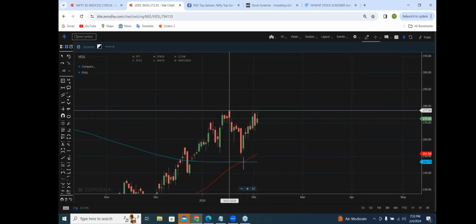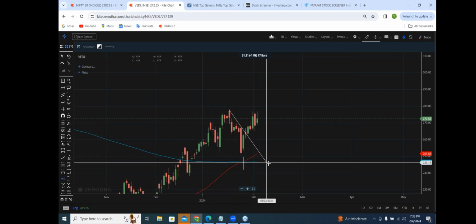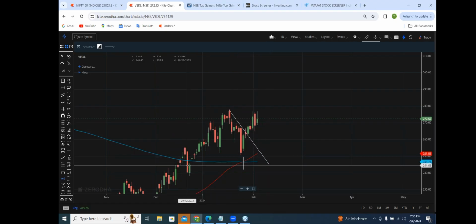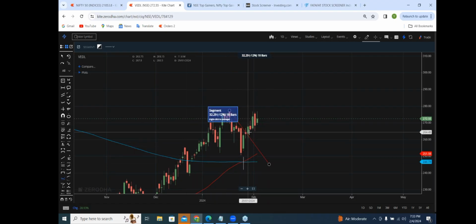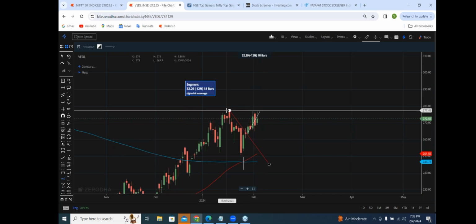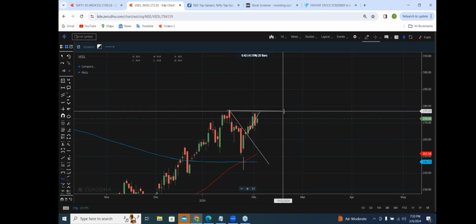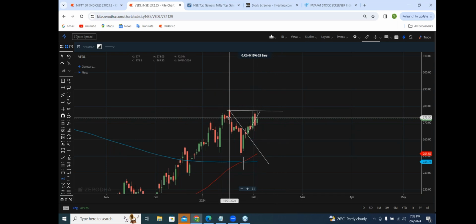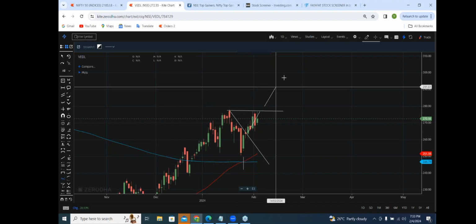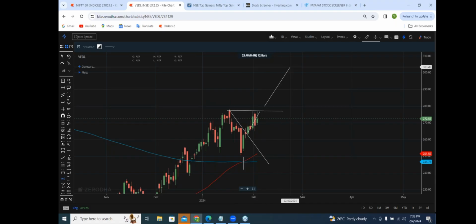After the golden cross, there was a bearish trend line. So bearish trend line breakout. The only challenge is that it is supposed to break this particular level. Yes or no? The immediate resistance is available here only. So if this value 278 is broken, then we can expect a very good move. Once this resistance is broken, we can expect a very good move.